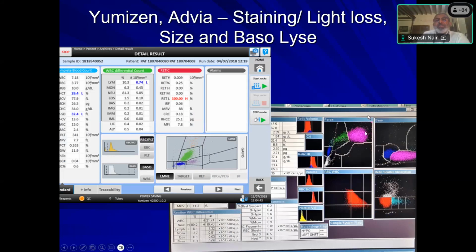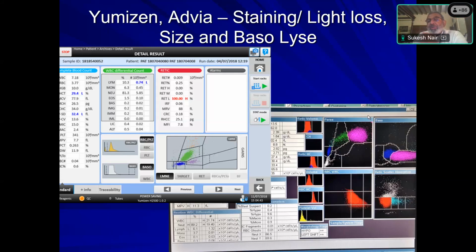Now, Advia is a precipitant dye. It's a peroxidase dye, and you can see that neutrophils will be staining largely with the peroxidase. The eosinophils also stain with peroxidase. So along the peroxidase staining, which is along the y-axis, you can see that the eosinophils will be almost at the end here, but the light loss that happens along the y-axis is not as much in the eosinophils, because it's a precipitant dye.